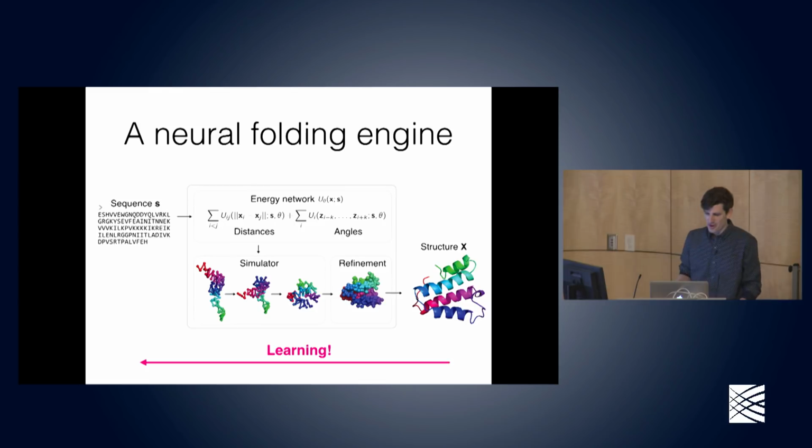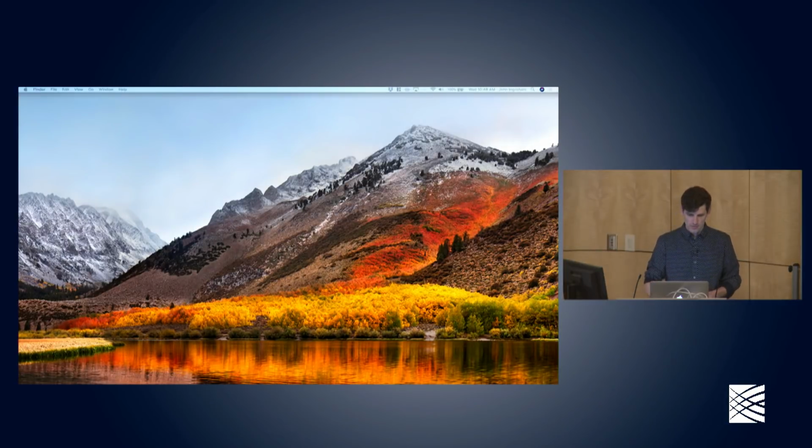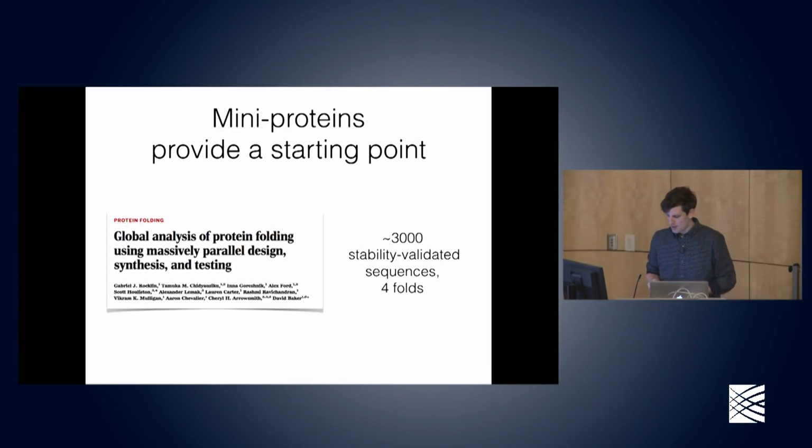Okay, so in the last few minutes here, let's just think about what this thing looks like learning. As a starting point, let's just look at a simple, easy to understand data set. The Baker lab that does computational protein design put out this paper last year.